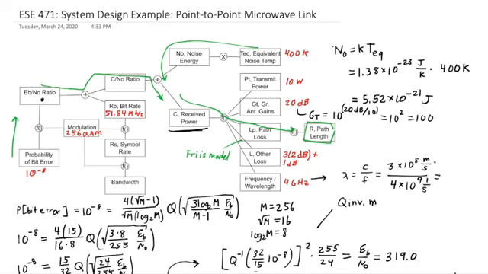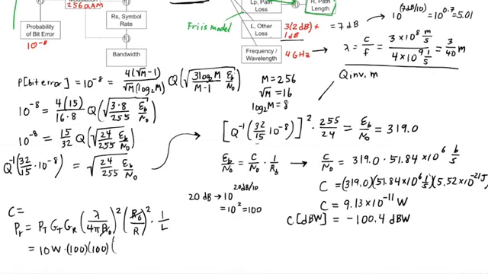And I'm left with meters, which is good. I always try to check my units. So I've got essentially 3 over 40. And so I plug in 3 divided by 40 meters. And then I divide by 4 pi and square this.